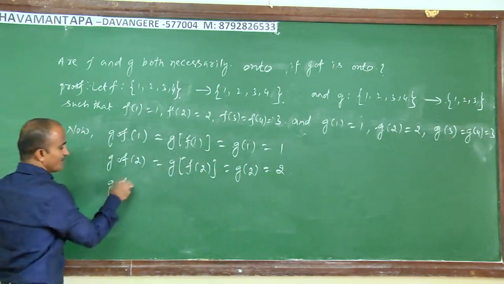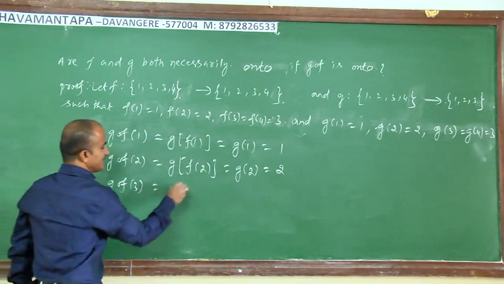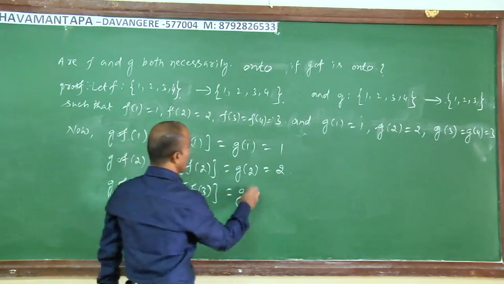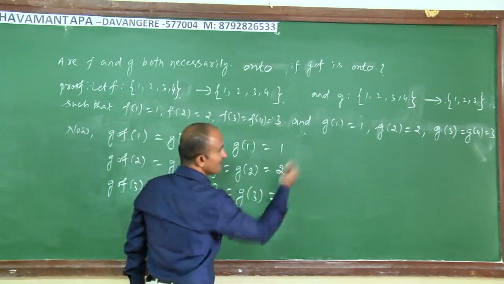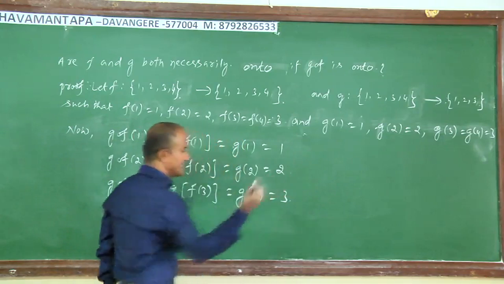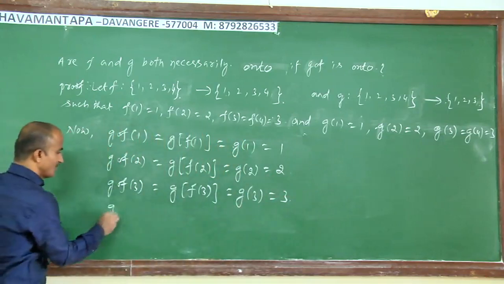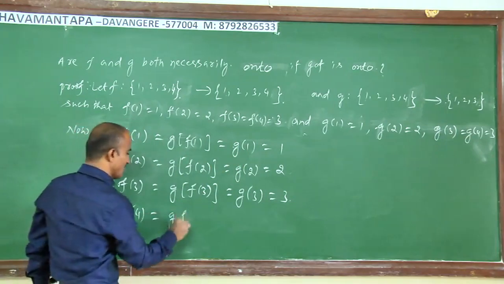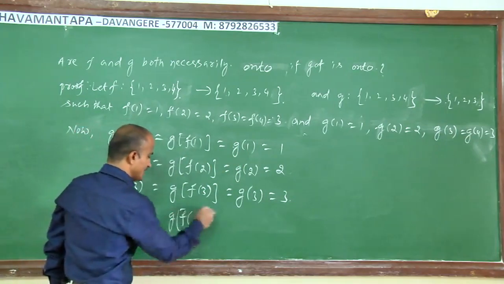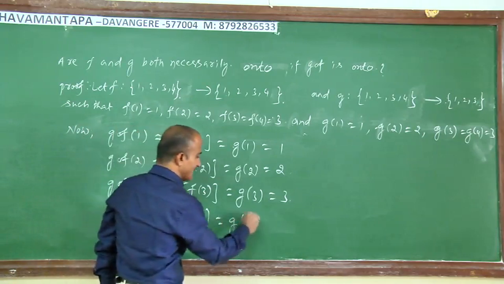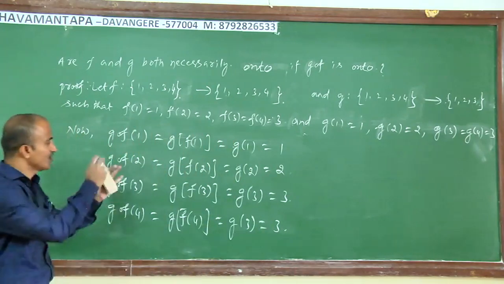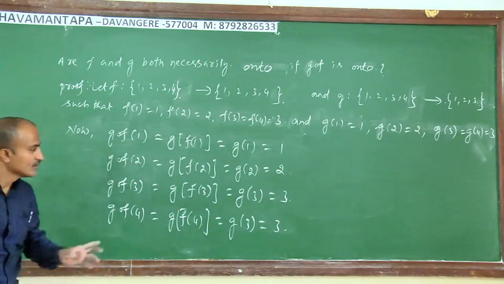Now g of f of 3, where f of 3 is 3, and g of 3 is 3. Now for g of f of 4, where f of 4 is 3, that will be g of 3, where g of 3 is 3, which means g∘f is defined.